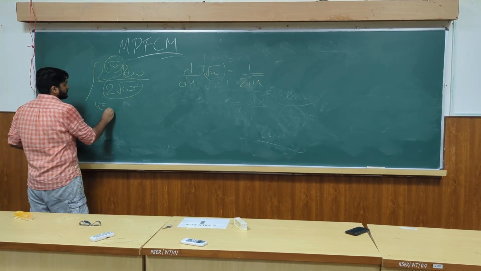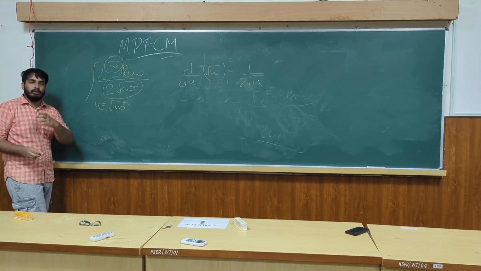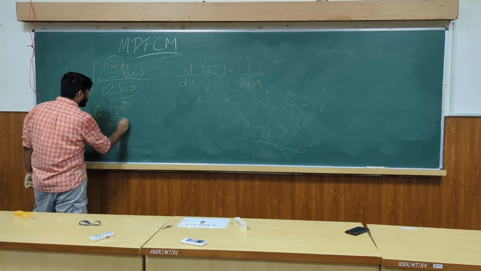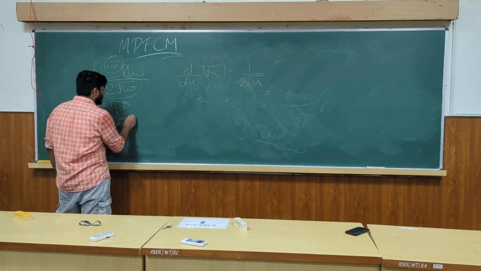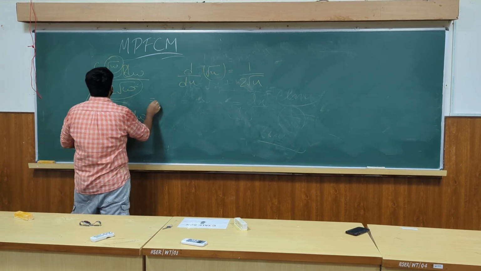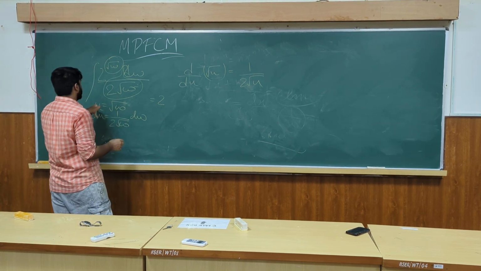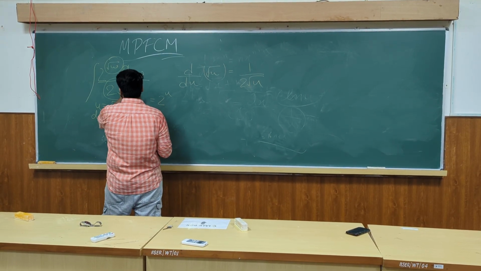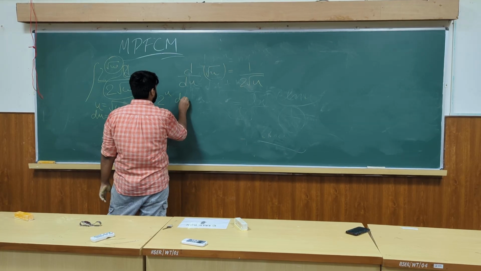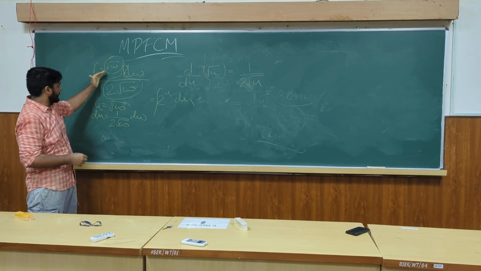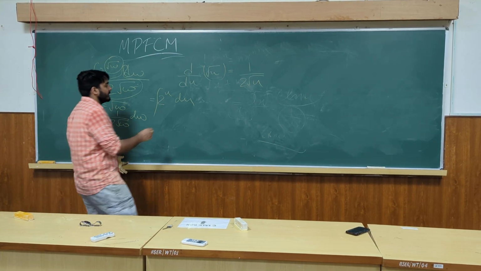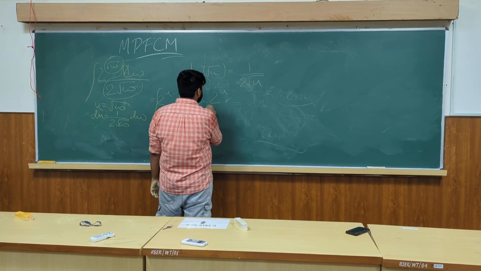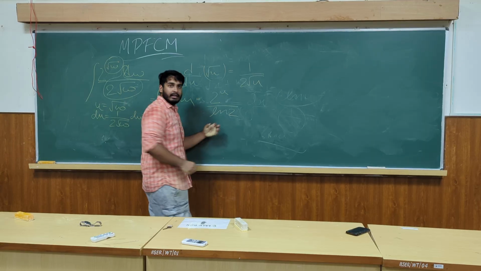So I'll call u my under root w, I get du over dw, which is 1 over 2 under root w, and dw goes there. And from here I get 2 raised to under root w is 2 raised to the power u, and dw goes to du, and we have the integral. So we have taken care of this and we have taken care of this. And like I said, would somebody remind me what does this add up to? If I'm not wrong, this should be this, right?